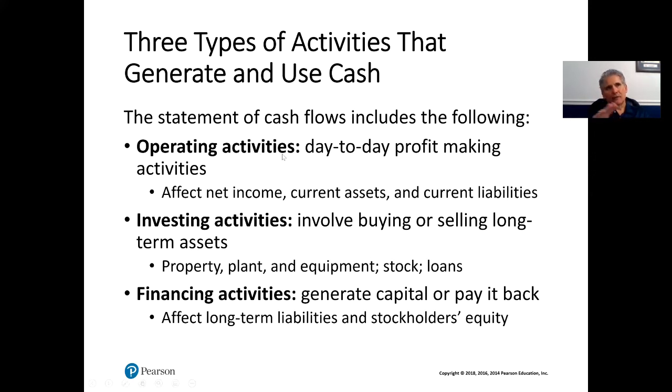But those items that are reported on the income statement are included in the operating activities section of the statement of cash flows. The investing activities involves buying or selling long-term assets. In most cases, we're going to be talking about property, plant, and equipment, stocks, and loans. And then finally, the final section is going to be financing activities. And if you can think about it, it could be anything that's really long-term liabilities and or stockholders' equity.